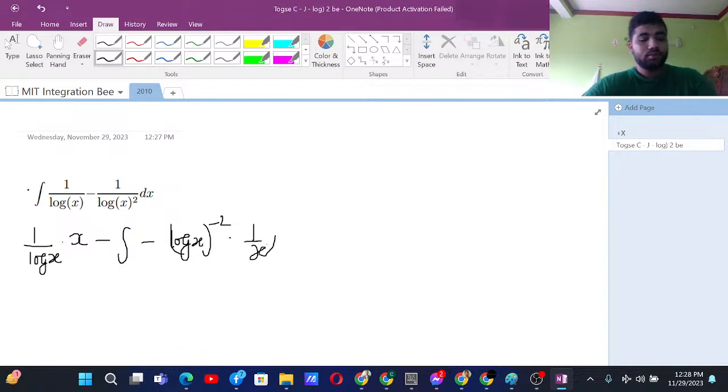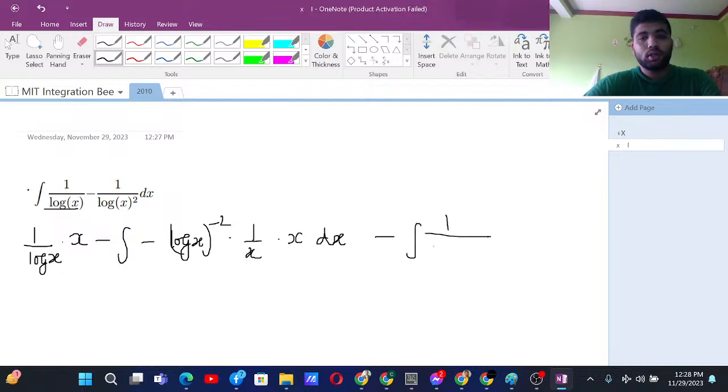Now the integral of 1 is just x dx. Yeah, and after this we just integrated this expression on the first. Second will be as usual, nothing changed.